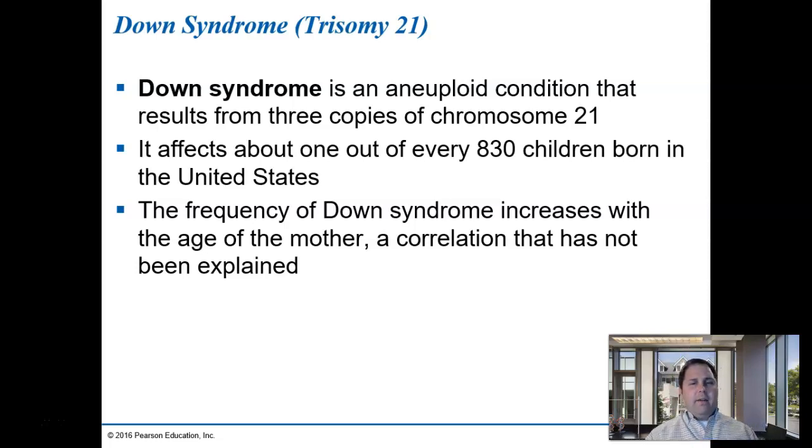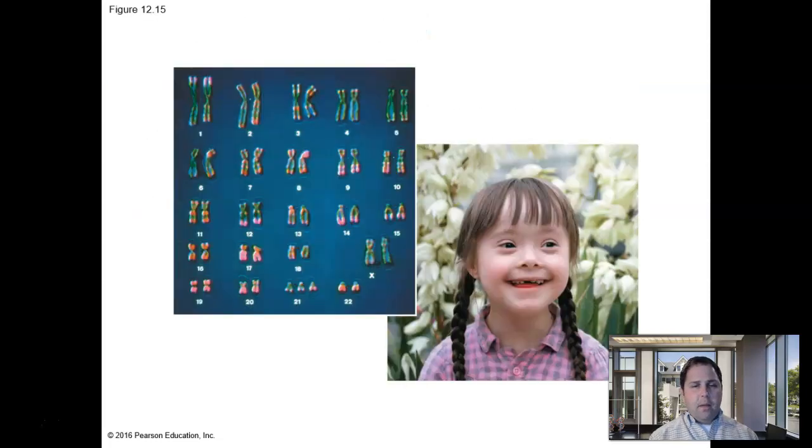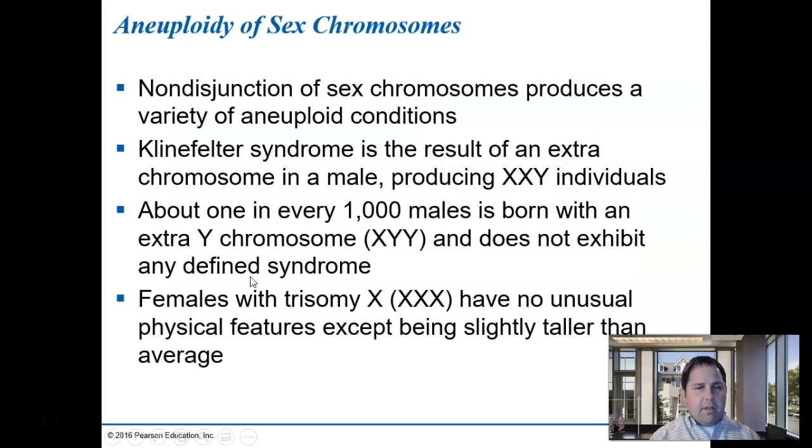So the likelihood of having a meiotic event that creates a non-disjunction increases with the age of the mother. You can see here a karyotype of a person with Down syndrome, and if you see the 21st chromosome, there are 3 copies of that chromosome.